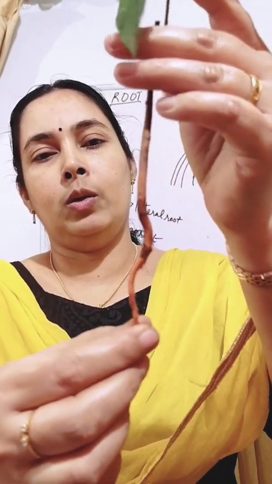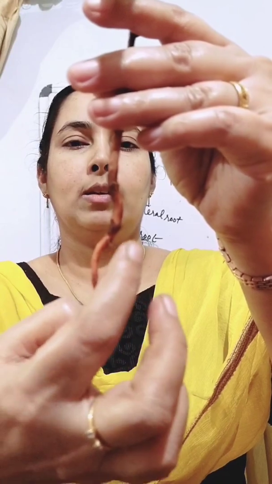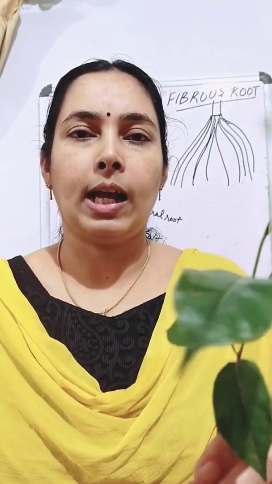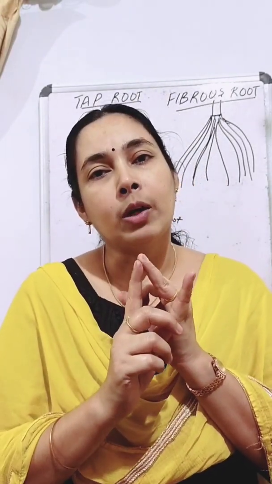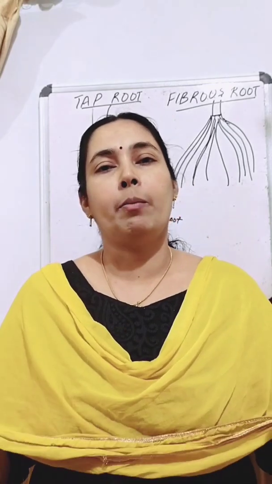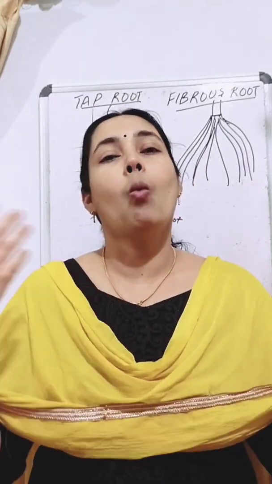So what about the root? Taproot, one main root, some smaller roots arise from the sides. So root is taproot. So if a plant have parallel venation, what about the root? Root will be fibrous root. But if a plant have reticulate venation, what about the root? The root will be taproot.